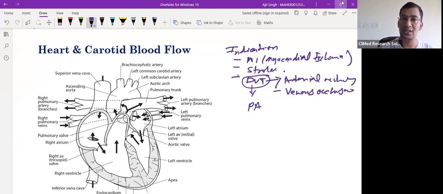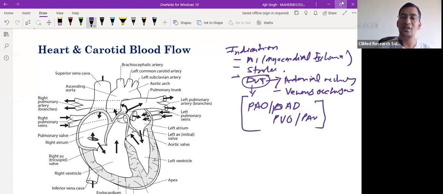Peripheral arterial disease, or peripheral vascular disease. So that could be either arterial occlusion or venous occlusion. When we are talking about peripheral, it could be your arm, your leg, or some carotid artery occlusion also.